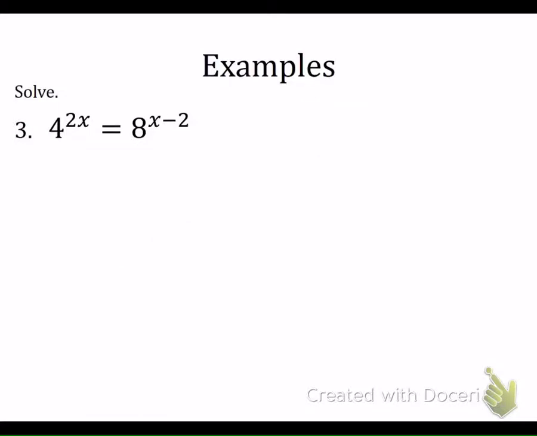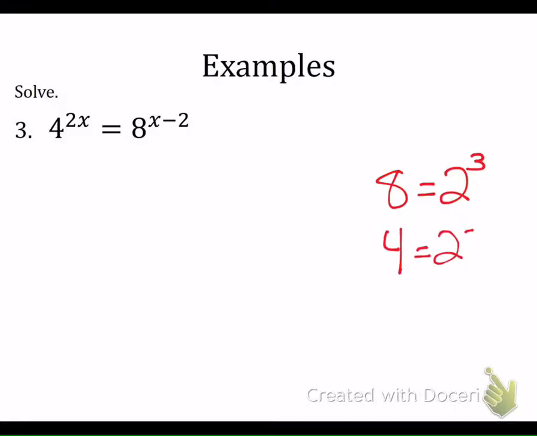All right, here's number 3. I want them to have the same base. So it'd be, no, the 8. What about 16? No, that wouldn't work. So do you agree that the number 8 is the same as 2 to the 3rd? Okay, so can we write 4 as 2 to the something?